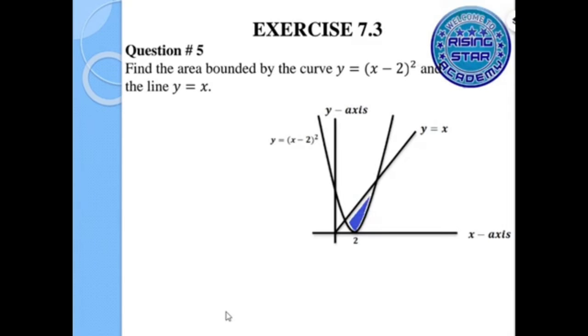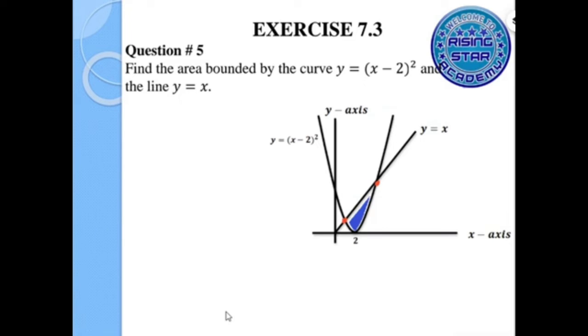In question number 5, we have a line that is y equals to x and a curve that is x minus 2 whole square. So I showed graphically the line and the curve are intersecting at two different points. We need to find these points of intersection according to the x-axis.